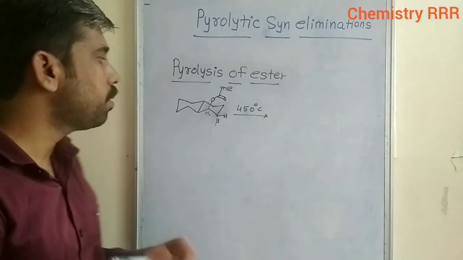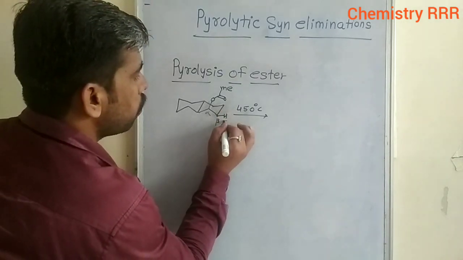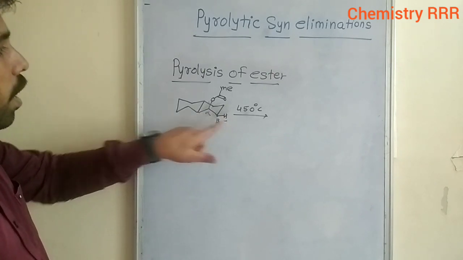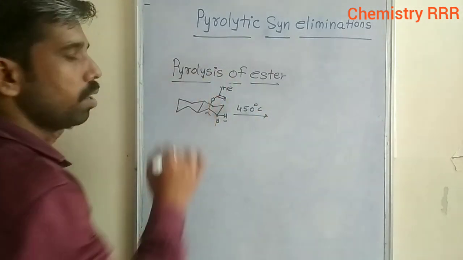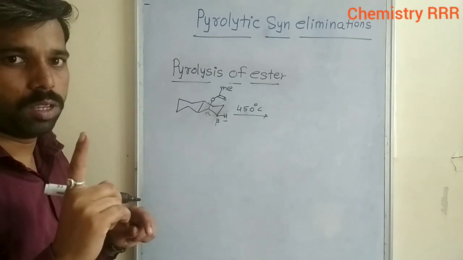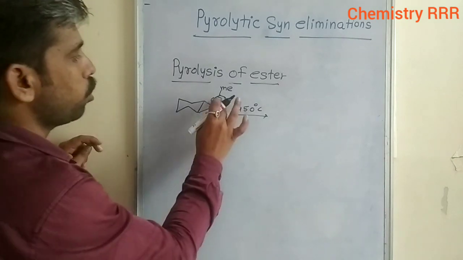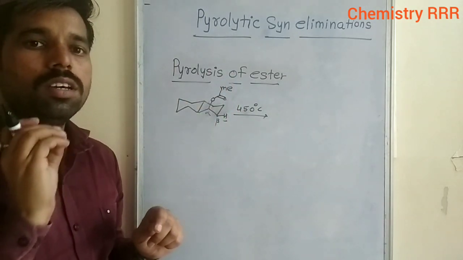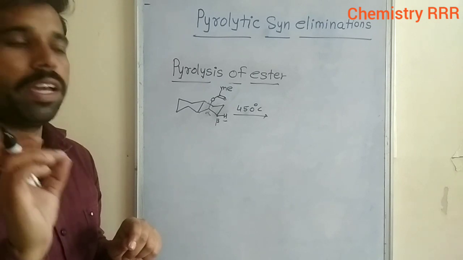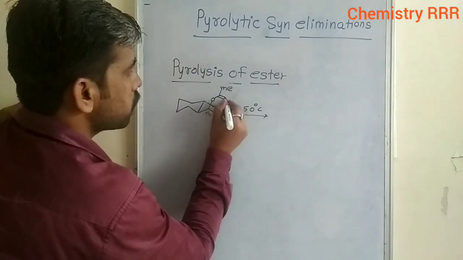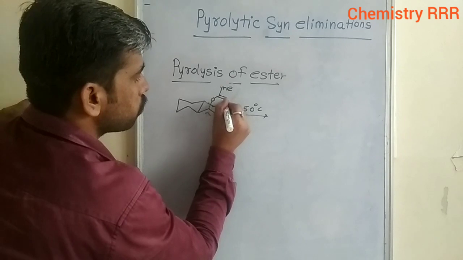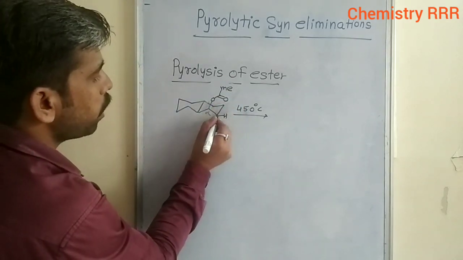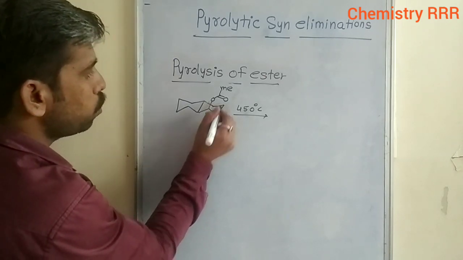Then the second condition is that the hydrogen present at the beta carbon atom and the eliminating group must be syn or cis to each other for the pyrolytic syn elimination reaction. The third condition is that the reaction involves the concerted mechanism. Look at the example. In this example, the beta hydrogen is syn to the eliminating group.